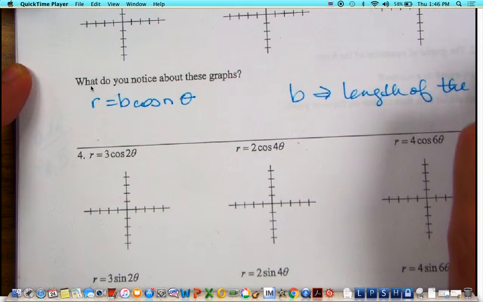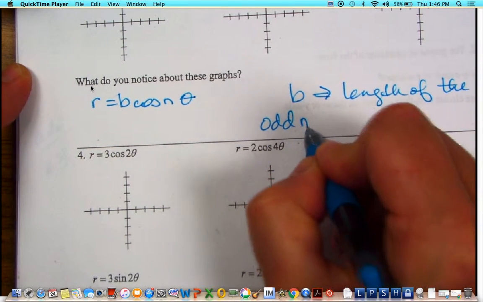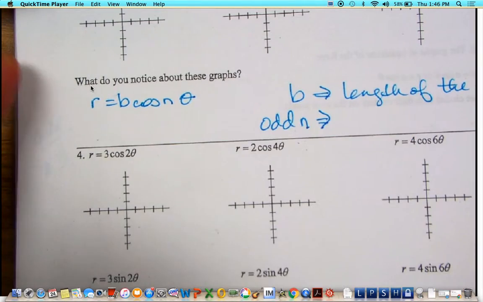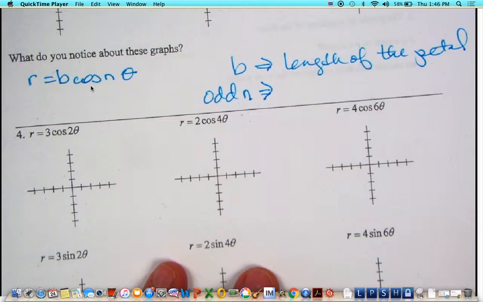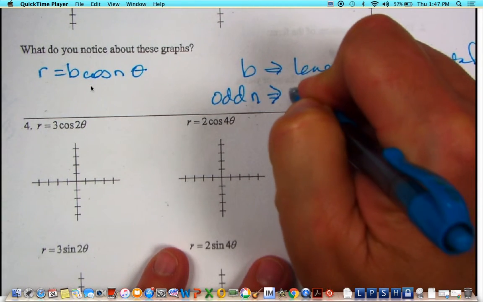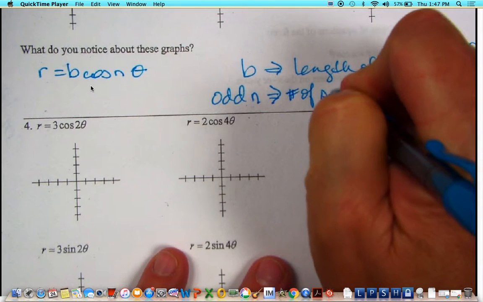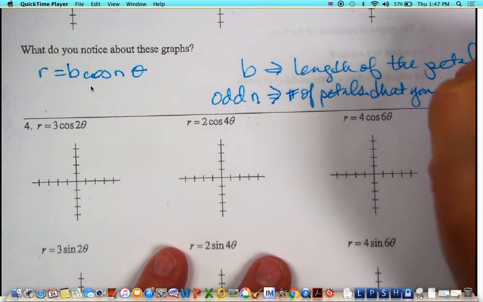I'm going to let y'all go back. You can sketch these. And an odd n is the number of petals that you see.